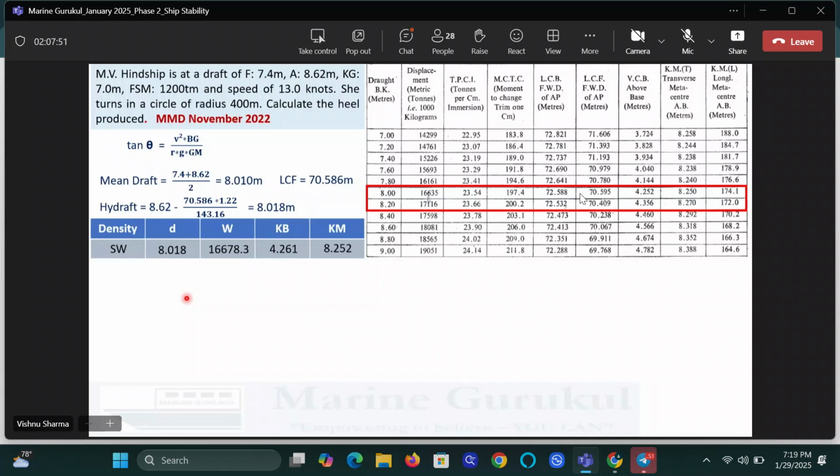You can check your interpolated values. Yes, sir, correct? Okay. Good.